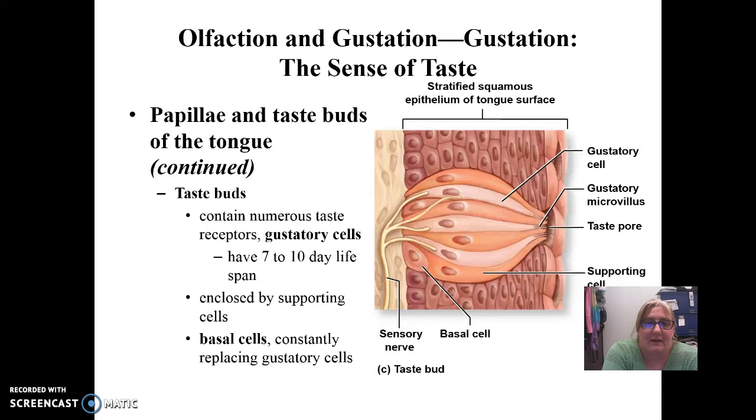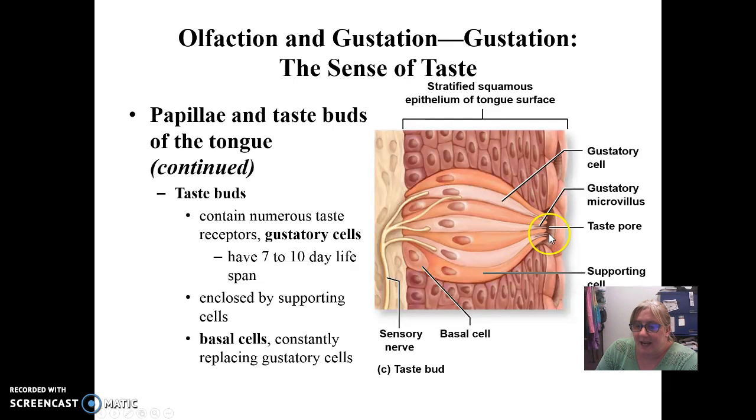So the majority of the papillae on our tongue do not function in taste. But taste is a huge portion of what our tongue is used for. I mean, we really do use our tongue for taste. So gustatory cells also, like the olfactory cells, are open to the external environment.